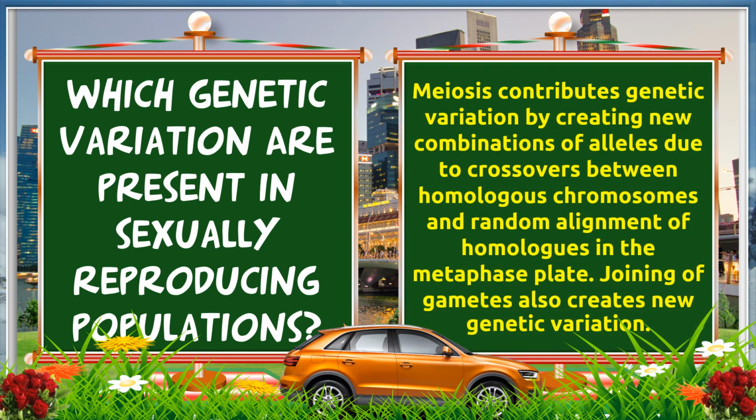Meiosis contributes genetic variation by creating new combinations of alleles due to crossover between homologous chromosomes and random alignment of homologous chromosomes at the metaphase plate. Joining of gametes also creates new genetic variation.